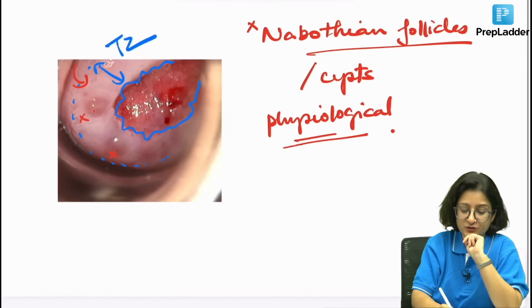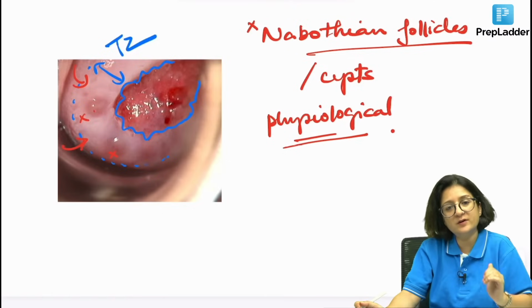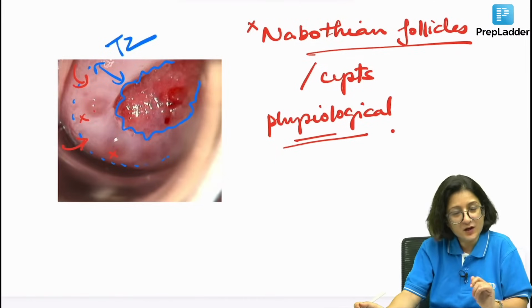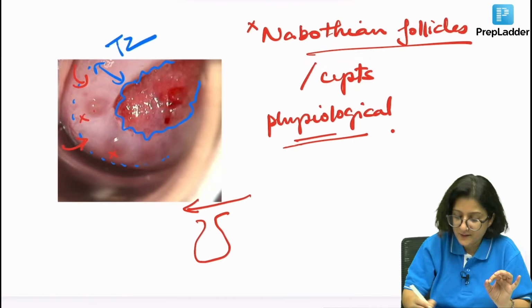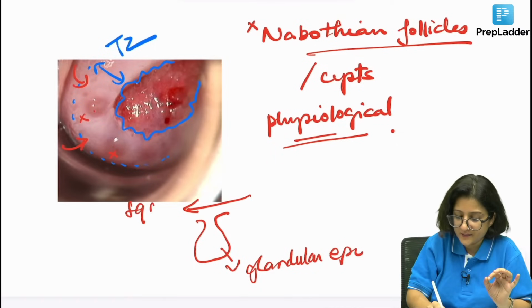So transformation zone is squamous metaplasia, squamous metaplasia happening over the glandular epithelium, the endocervical epithelium. This is the glandular epithelium. This is the squamous metaplasia happening.